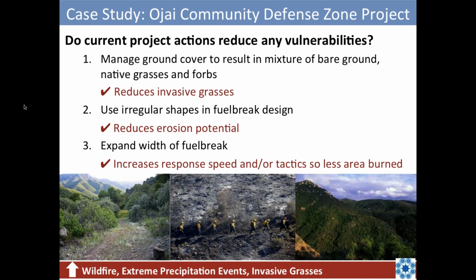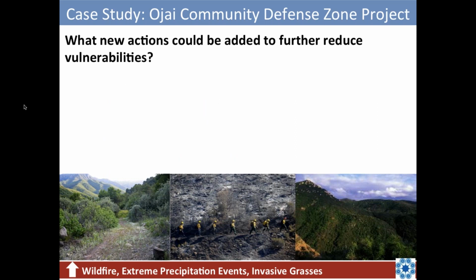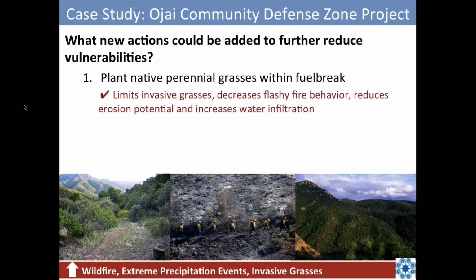So in a lot of ways, current project actions do help to reduce some of the vulnerabilities that we've identified associated with climate change. But we also ask participants to consider new actions that could be added to further reduce vulnerabilities. And so some of the things that were recommended were things like adding to projects planting native perennial grasses within the field break, which helps to further limit invasive grasses.